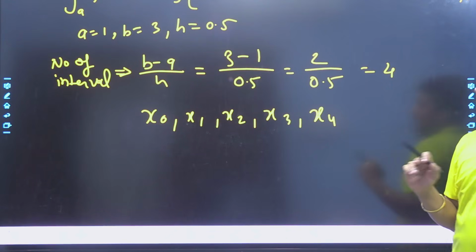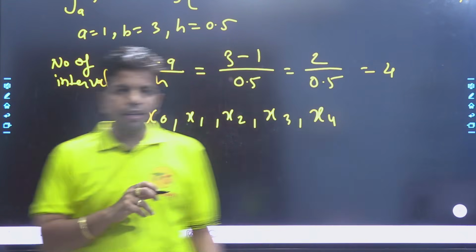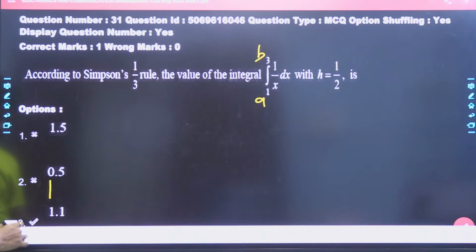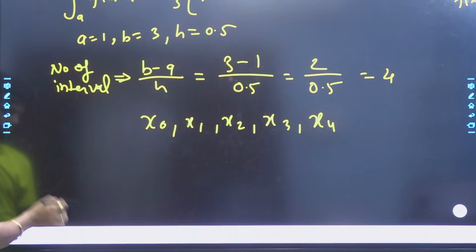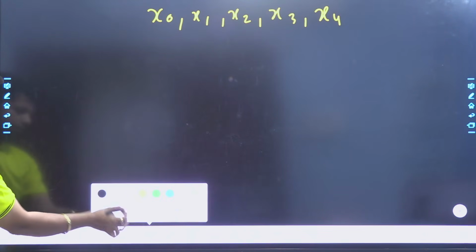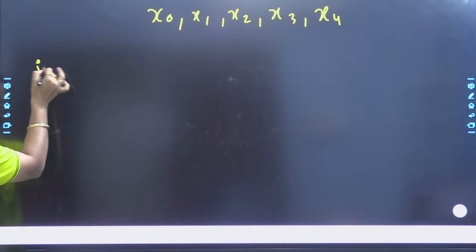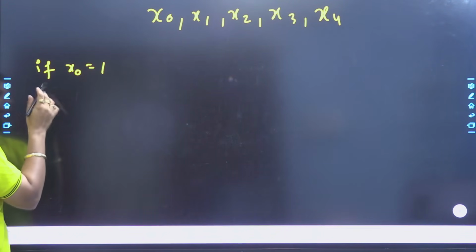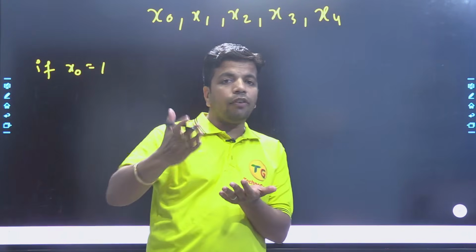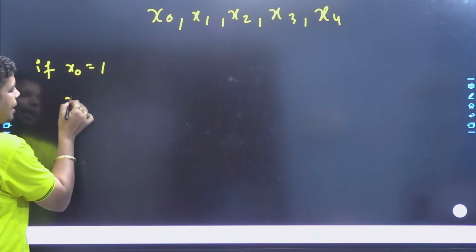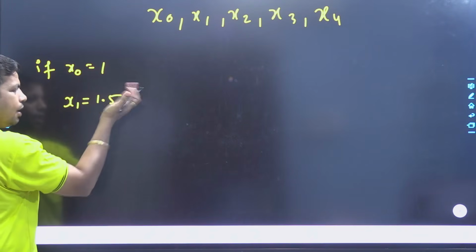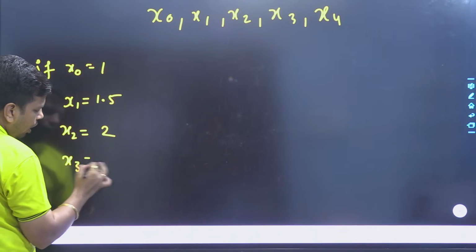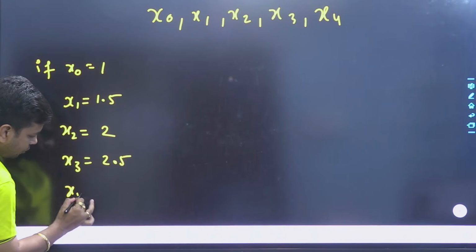Okay, so let's see, x0 equals 1. Then we know that h is 0.5, so the next, x1, is 1.5, then plus h, x2 is 2, x3 is 2.5, x4 is 3.